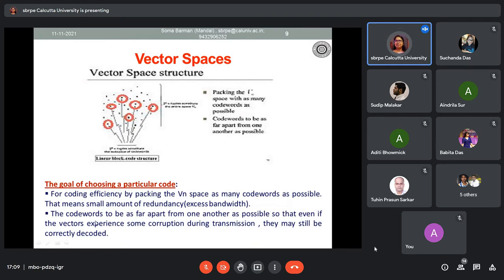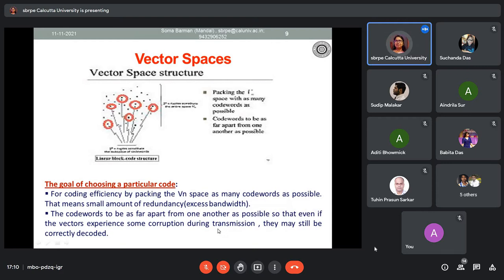And also the code words should be as far apart from one another as possible, so that even if the vectors experience some corruption during transmission, they may still be correctly decoded.